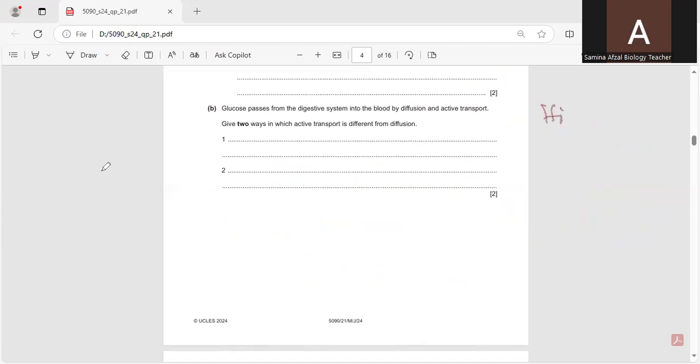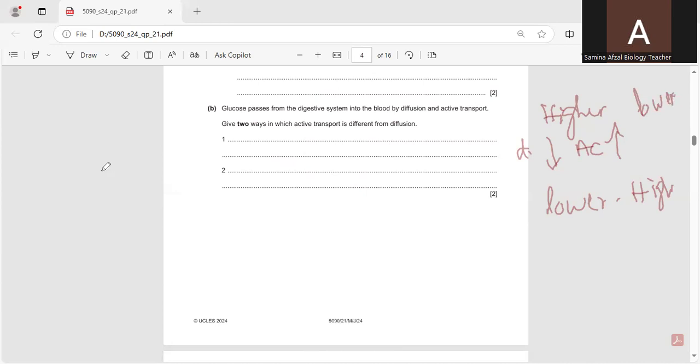Higher to lower. Whereas this is diffusion. Whereas active transport is from lower to higher.